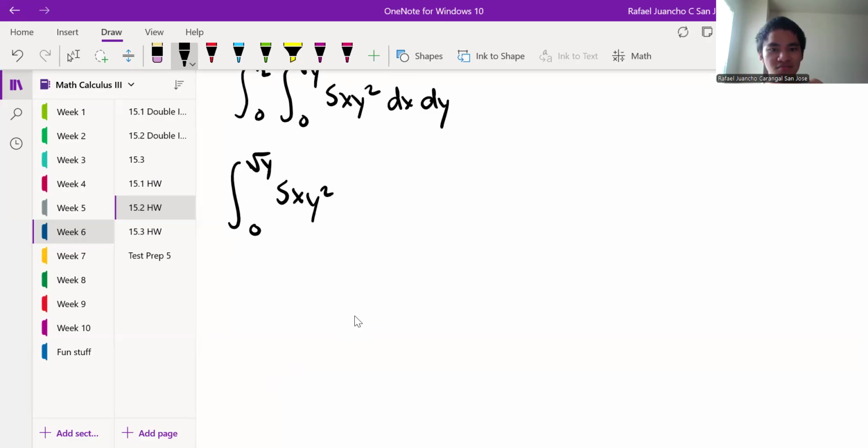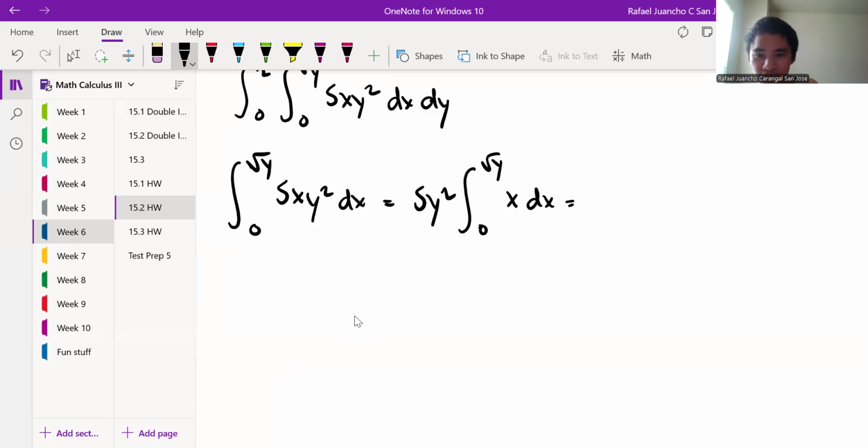Starting from dx here. And so what is this going to be? Well, my y is a constant, my x is the thing that we're integrating. So we're going to do 5y squared of my integral of x dx. Then we're going to integrate. So let's say this is x squared over 2, right?